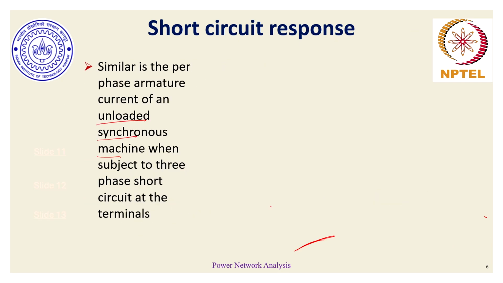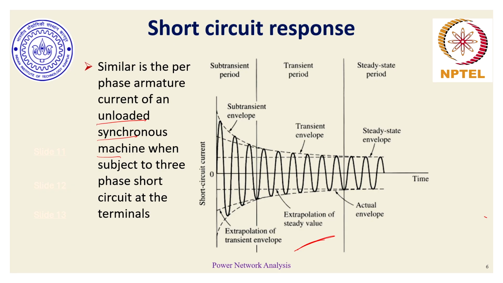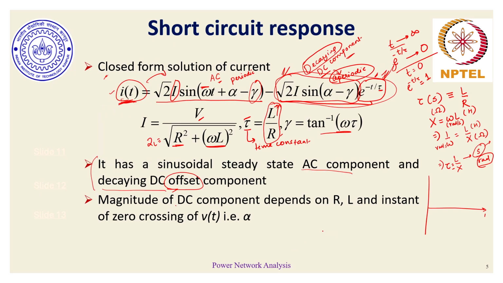So for an unloaded synchronous generator or machine, if it is subjected to some fault, it could be a short circuit, a 3-phase fault, or any asymmetric fault, the current pattern would still have similar behavior, with I of t having some peaky value in the subtransient period, and gradually this subtransient period diminishes because of the e to the power minus t by tau trend, and finally in steady state it reaches some RMS value.